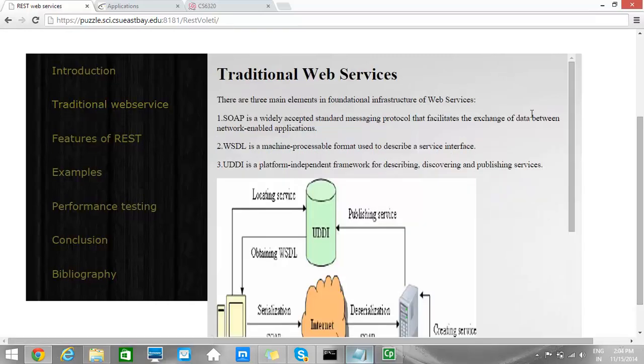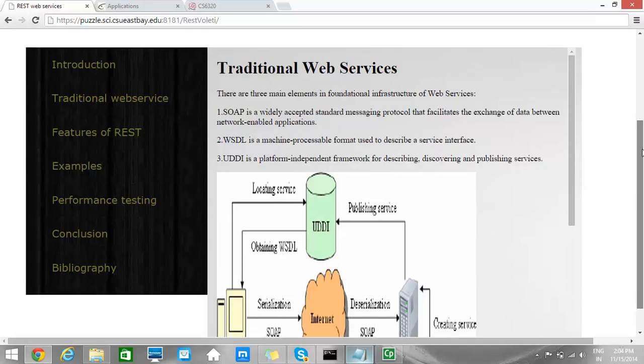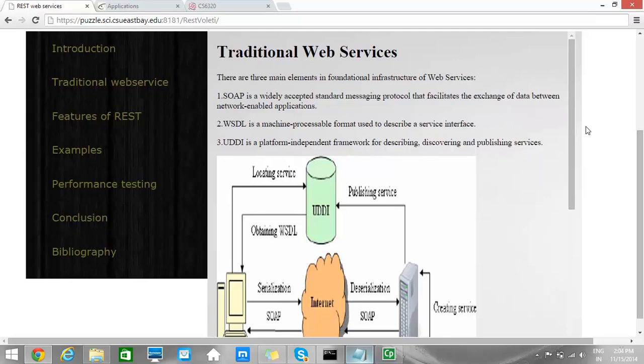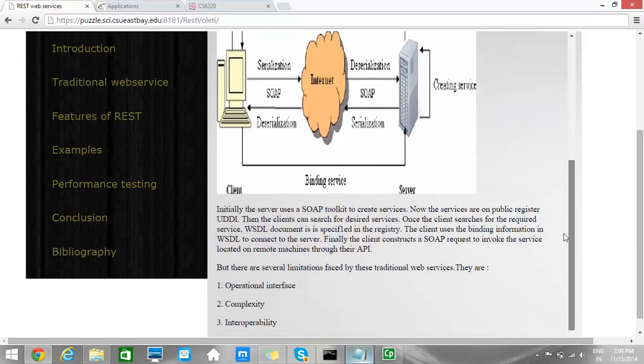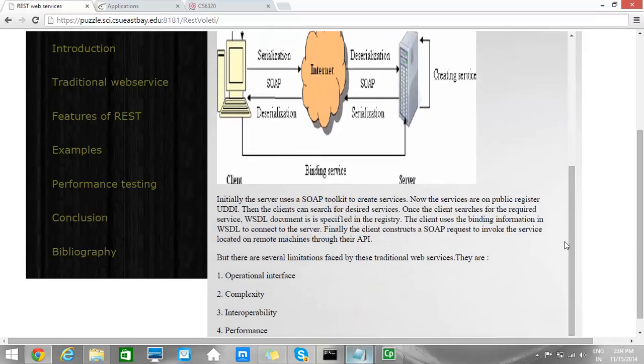So, in traditional web services, there are mainly three elements: SOAP, WSDL, and UDDI. Initially the server uses a SOAP toolkit to create a service. Now, this service is published on the public register UDDI. Then the client can search for the desired services. Once the client finds the required service, the WSDL document is specified in the register.